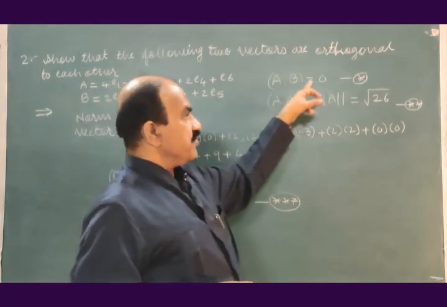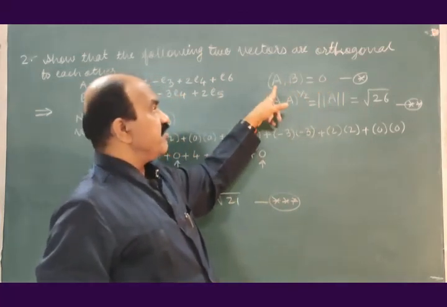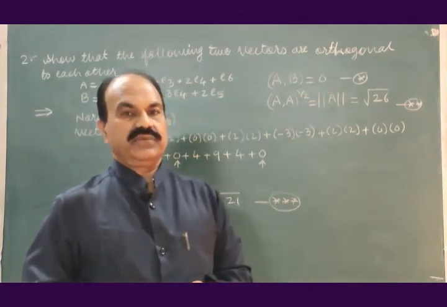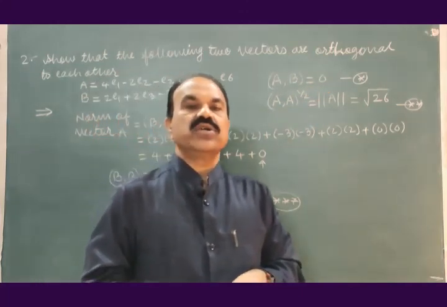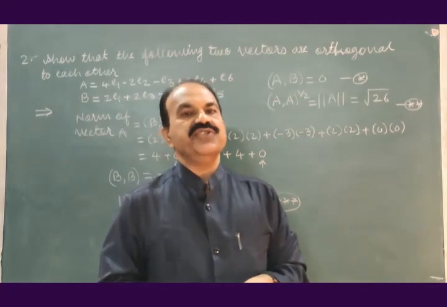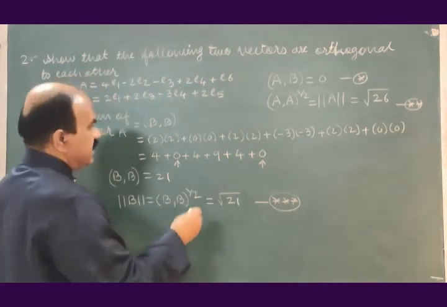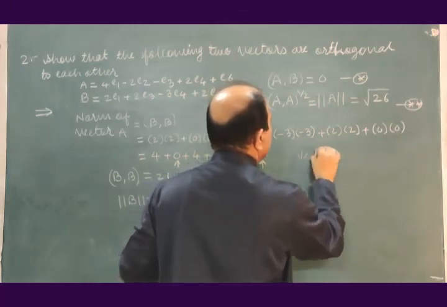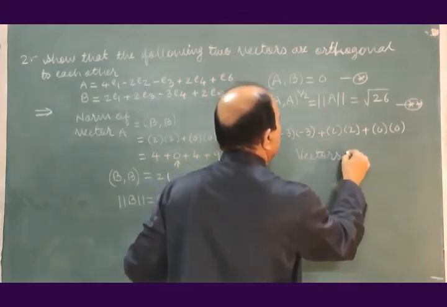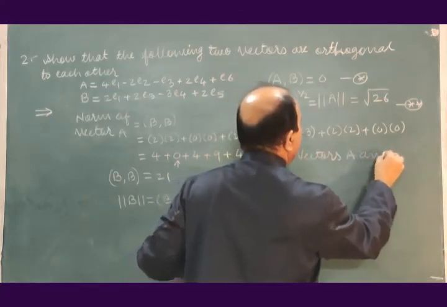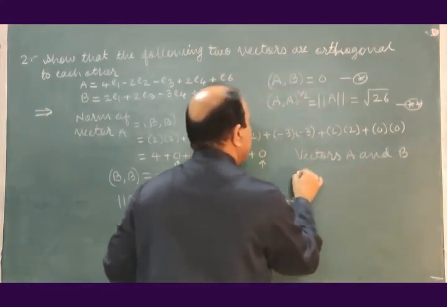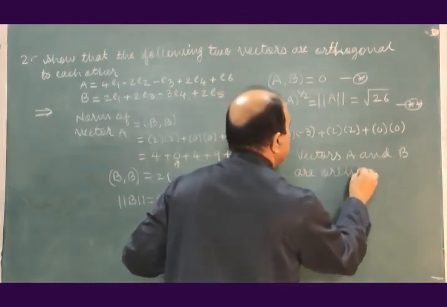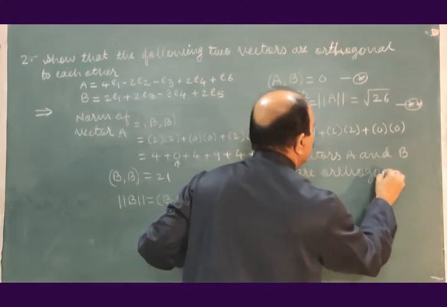Then, let us go to this equation. Inner product of vector A with vector B is 0. As the inner product of vectors A and B is 0, it means that vectors A and B are orthogonal.